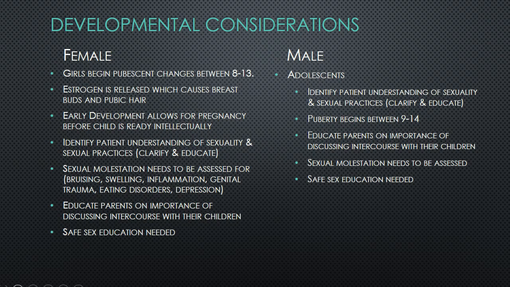The early development will allow the child to become pregnant before they are intellectually ready, so it's very important to identify their understanding of sexuality and sexual practices, and it needs to be clarified and educated. And so it's very important to educate parents on the importance of discussing intercourse with their children.